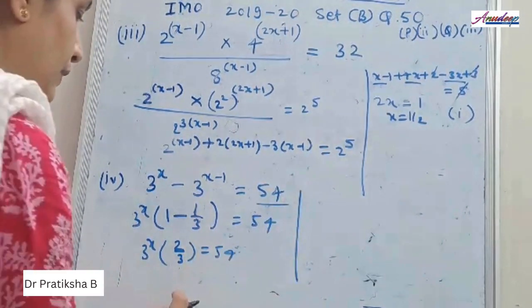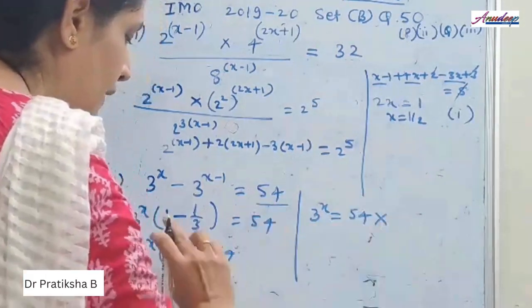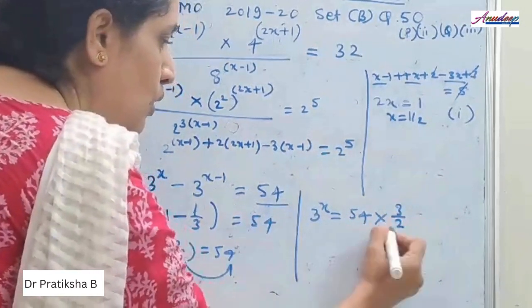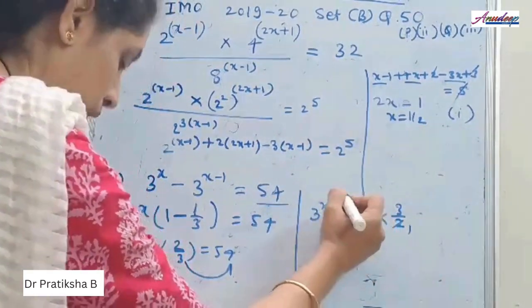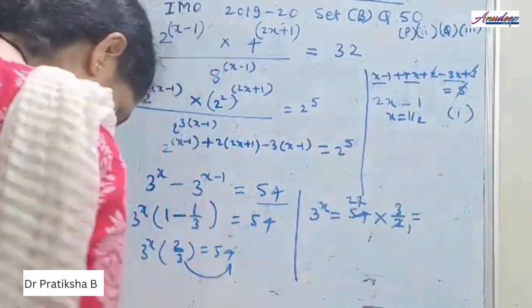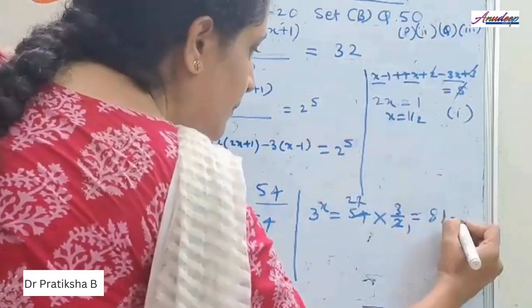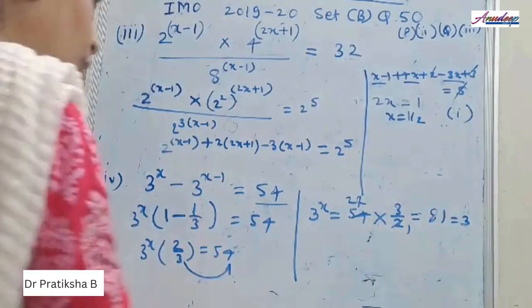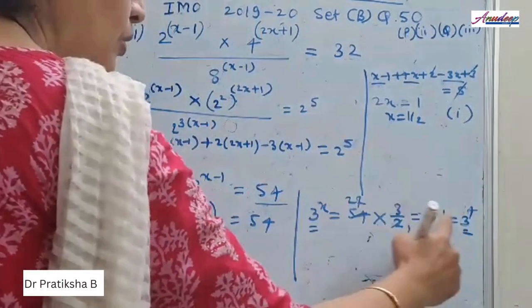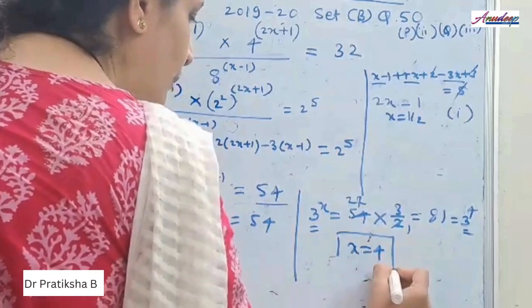So when you simplify it further, 3 raised to x will be equal to 54 multiplied by the reciprocal, because we are transferring, so it will be 3 upon 2. So 2 ones are 2, and here we will be getting the number 27. 27 into 3 will give you 81. Now we can express 81 as a power of 3. So 3 raised to 4 is 81. Now comparing the power, because the base is the same, you get the value of x equal to 4.